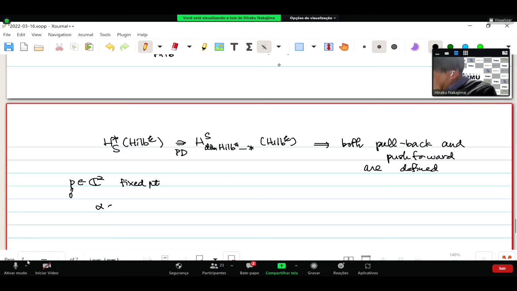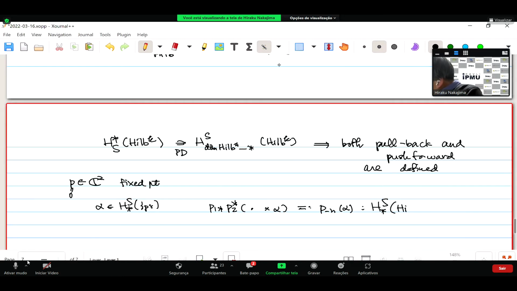And I consider alpha in H star of S of P. Then I can consider the following construction: P1 star of P2 star of something cross R, which I denote by P minus N of alpha. So this is H star of S of K to H star of S of K plus N.